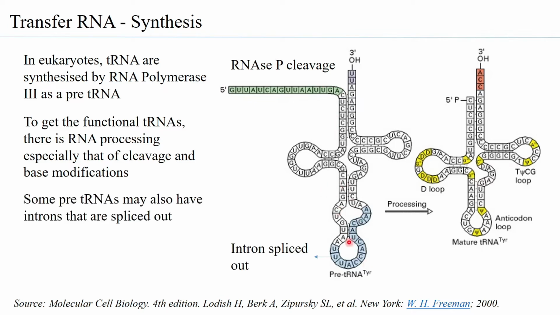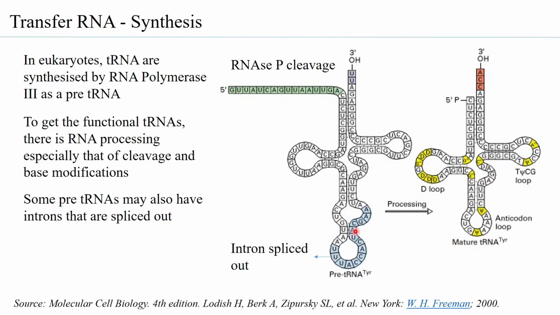The second thing that has been observed is that many of the pre-tRNAs have what are called introns. Just as the pre-mRNA has introns, pre-tRNA can also have introns. These introns can be spliced out to finally give rise to the functional anticodon arm.